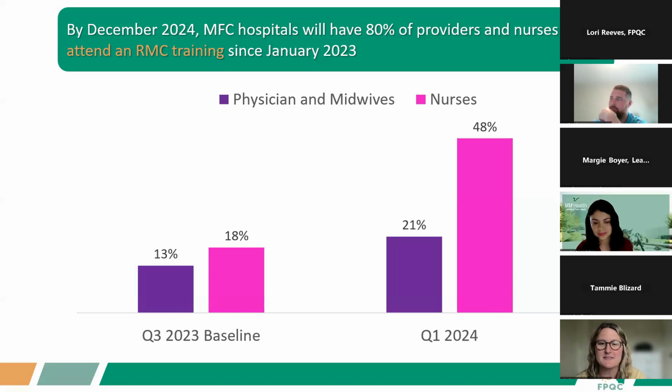So half of nurses are leading the pack, and physicians and midwives have about 20%. Both areas have a lot of room to grow, but we're hoping those trailblazing nurses will pull in their provider and midwife partners. And so hopefully we'll see that these numbers continue to grow as well towards that 80% goal.